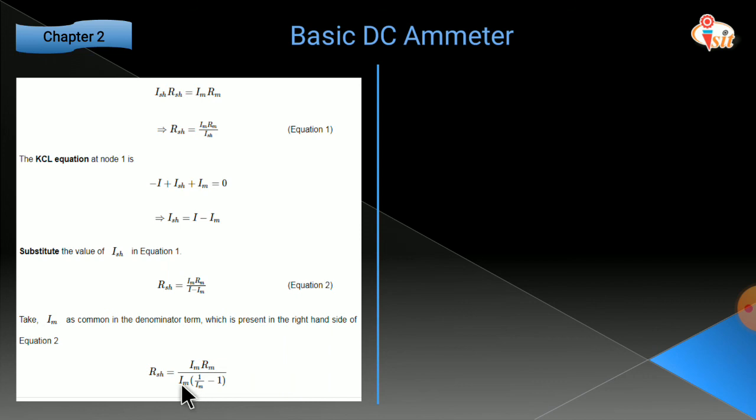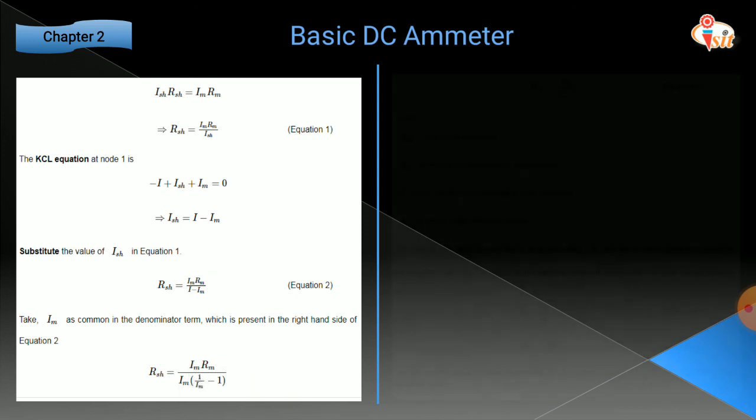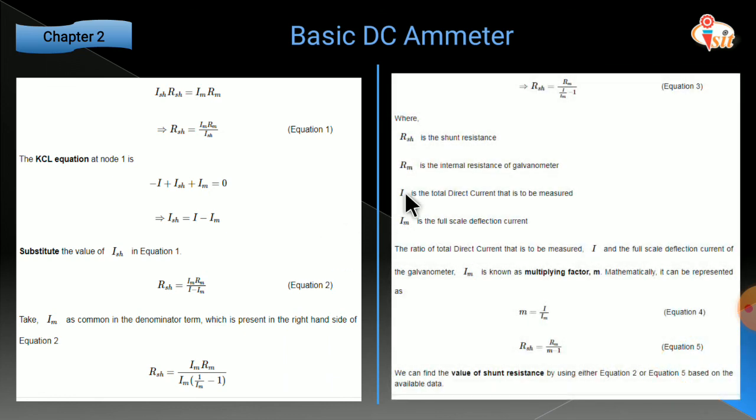Here Im and Im cancel out. The final equation is RSH is equal to Rm upon I by Im minus 1.